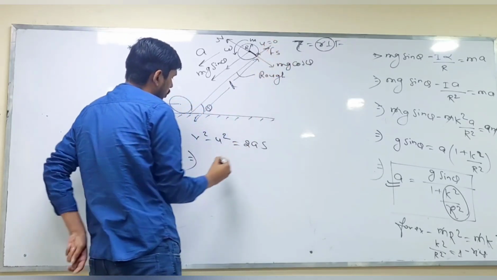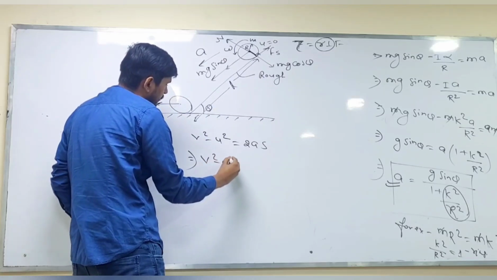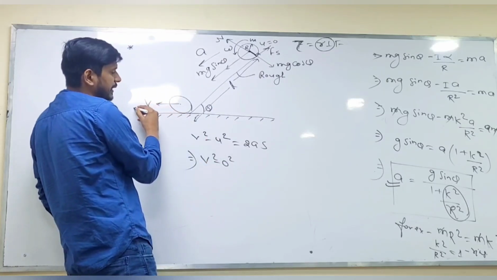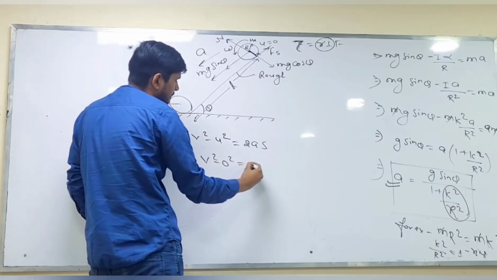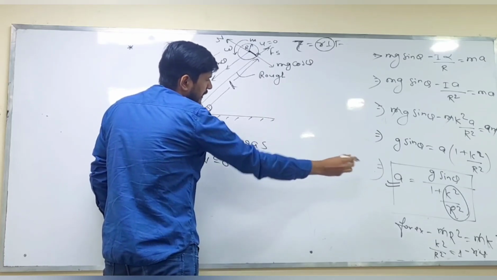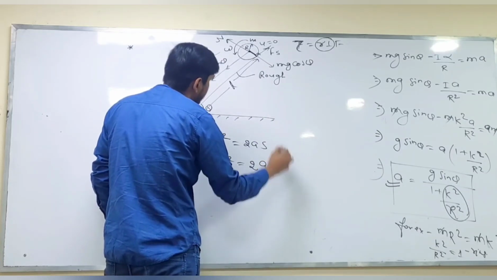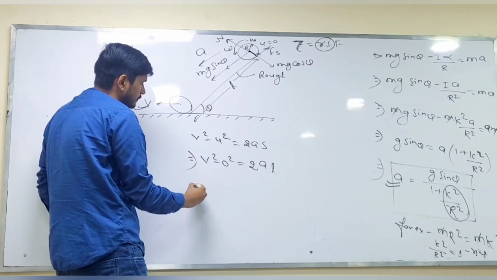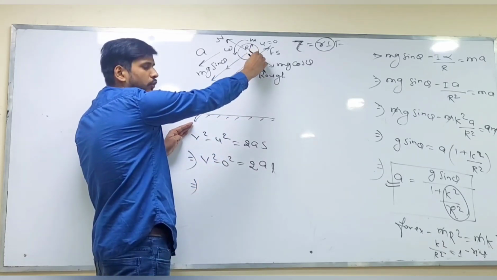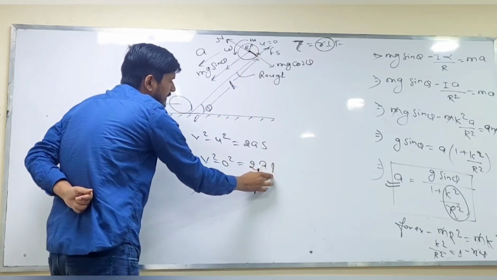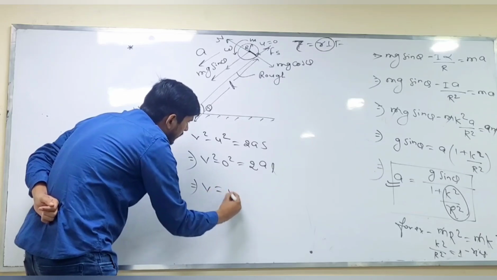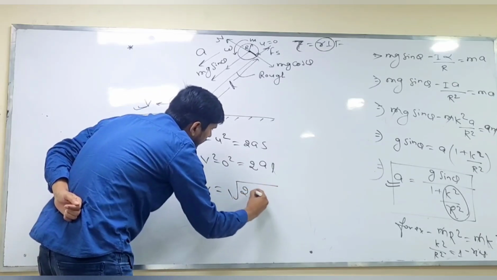Initial velocity is 0. Final velocity is v. We have to calculate it; acceleration is from here and s is equal to l. This distance is equal to l, so we put s equal to l. v equals root 2al.